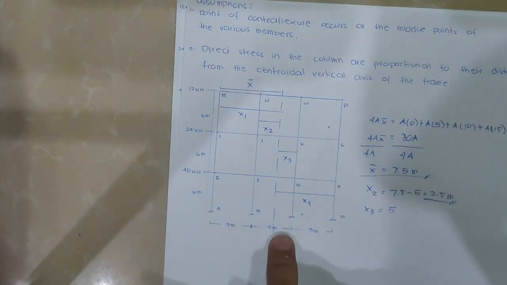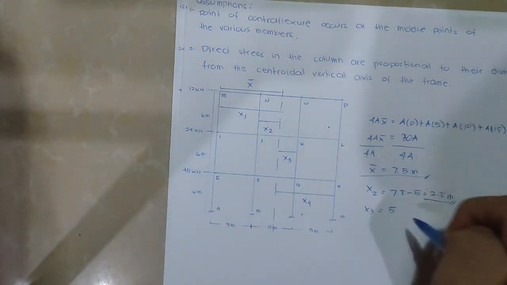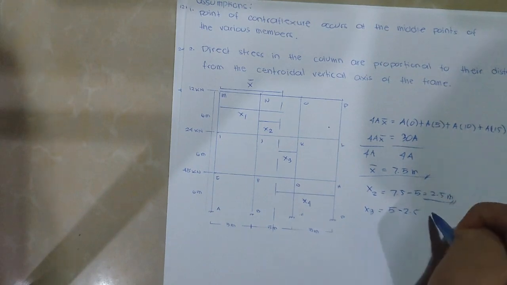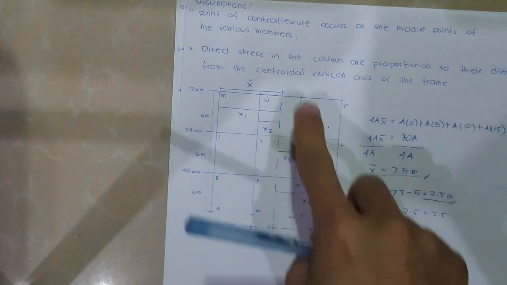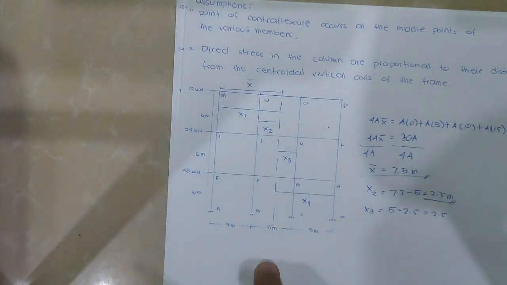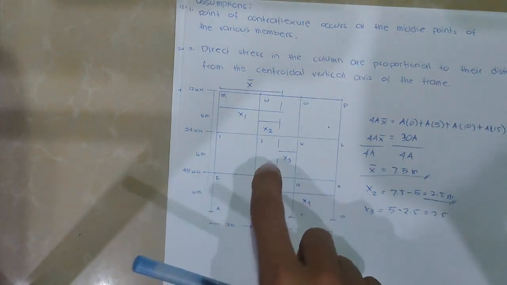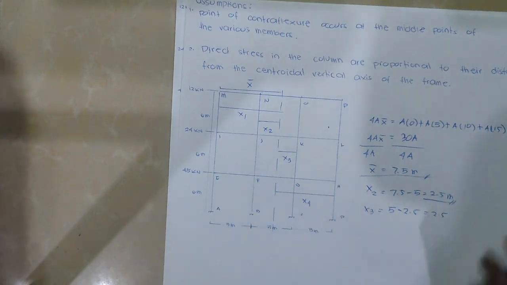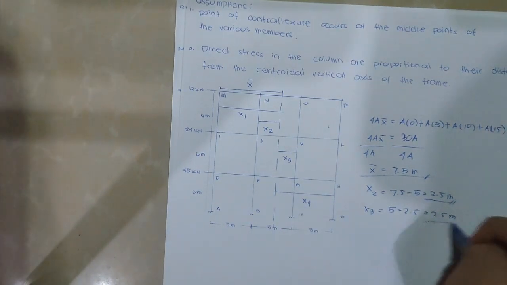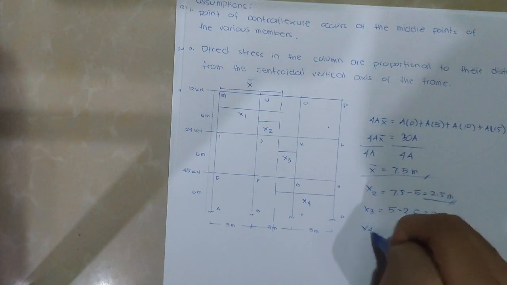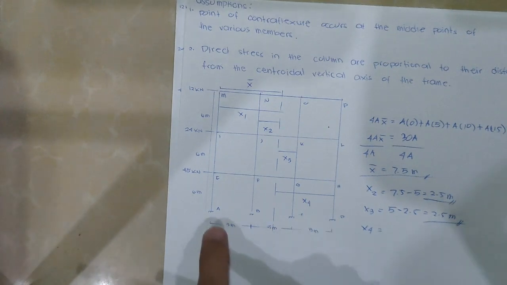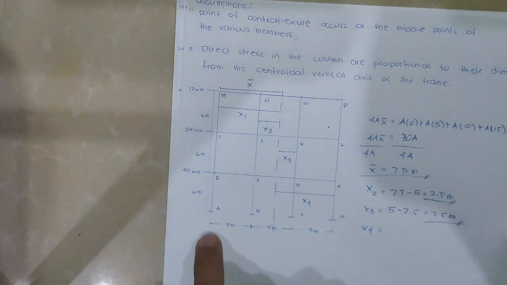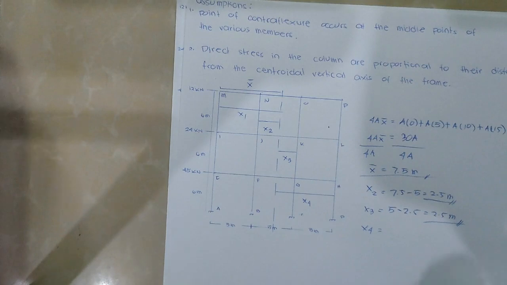Then we subtract the x2 we got, which is 2.5, to get 2.5, or half, since the centroidal axis is at the middle, so we get 2.5. For x4, we have a total of 15 from our reference column to our last column.